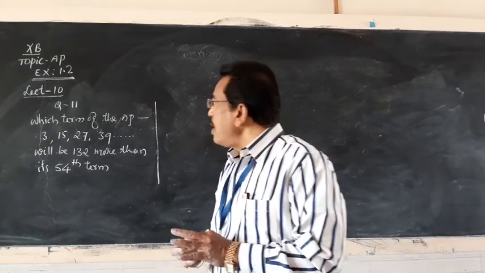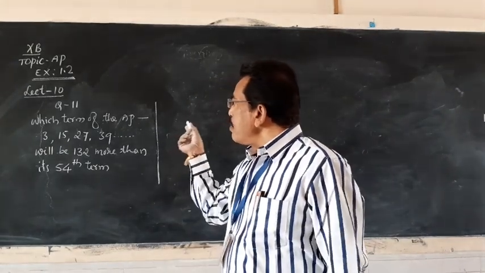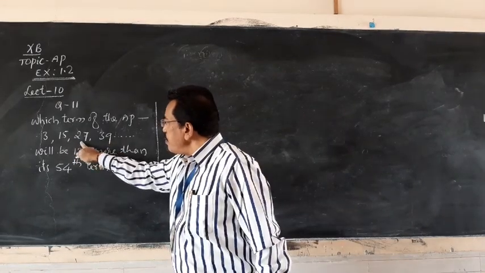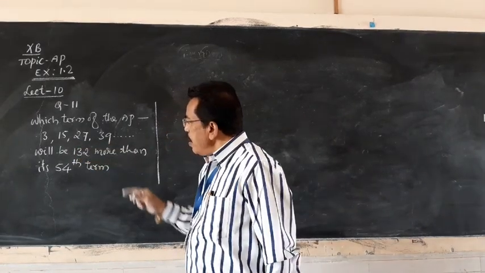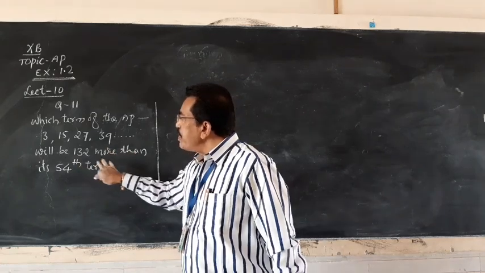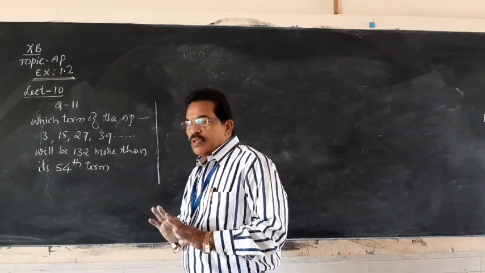See question number 11. Which term of the AP 3, 15, 27, 39 and so on will be 132 more than its 54th term?